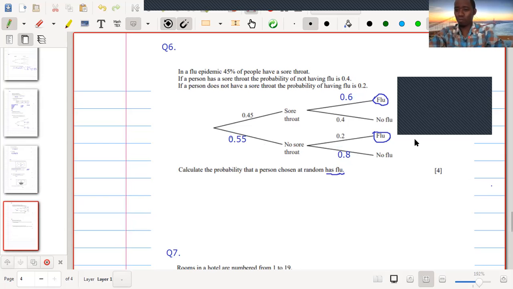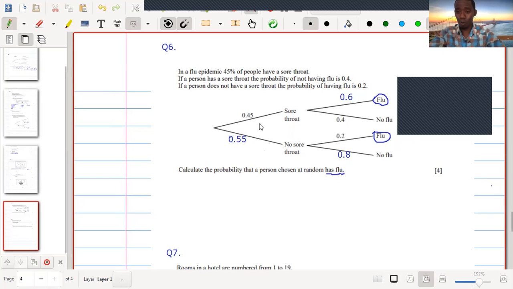So now here, let's multiply. Along the branch you multiply probabilities. Like here, I multiply. So my answer should be.